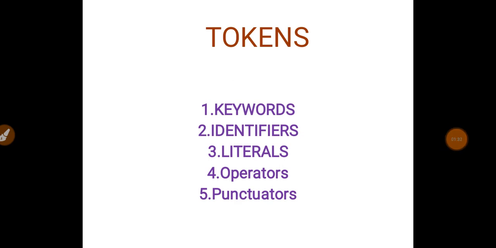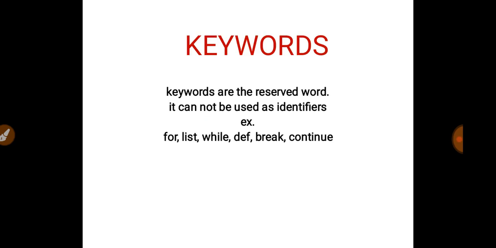Let's see briefly again the definitions of these subcategories of tokens. Firstly, we have studied the keywords. The keywords are the reserved words which have a special meaning to the compiler, and you cannot use these keywords as identifiers.